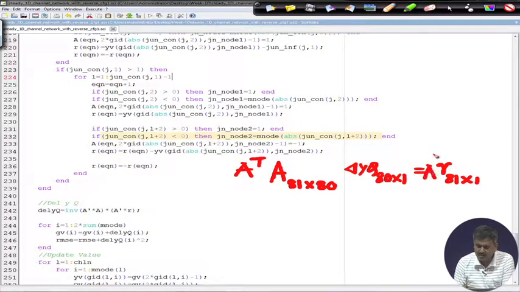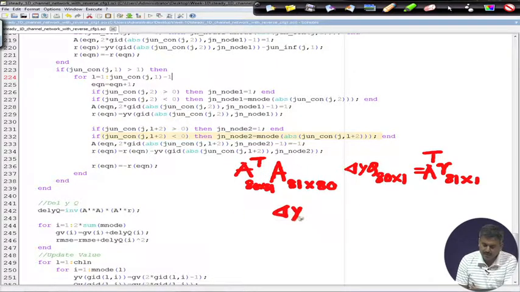So, obviously this is A transpose. Now, after multiplying A transpose, the size will be 80 into 81, so resultant size is 80 by 80.